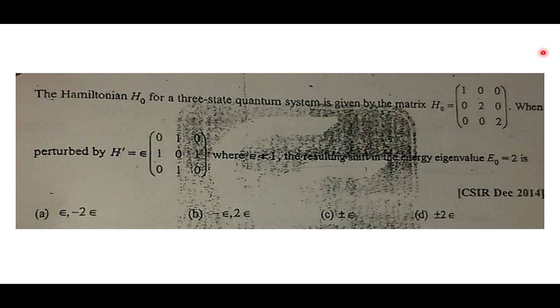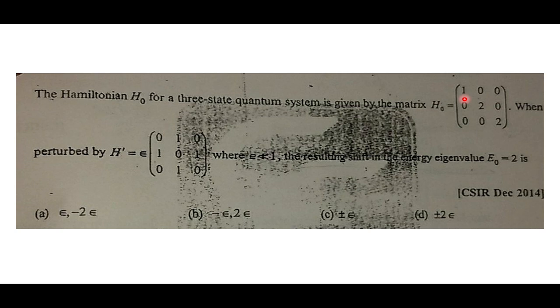So just find the eigenvectors of H naught. Can you please tell me the corresponding eigenvectors? For E equal to 1 it is 1, 0, 0.